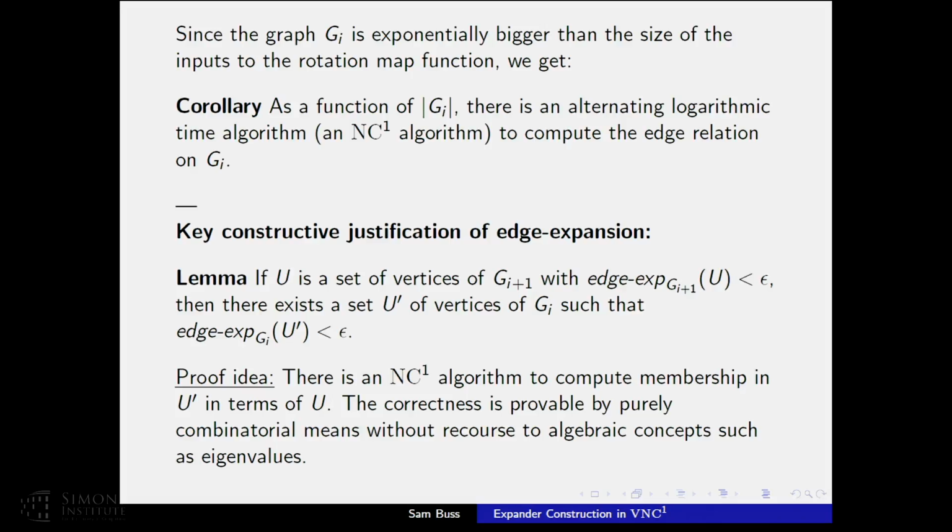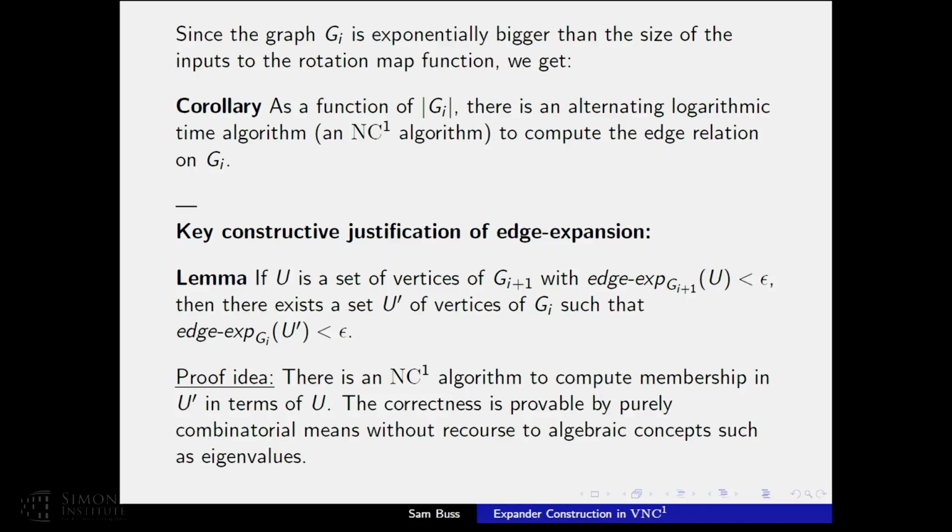And what is the proof of correctness going to be? The proof of correctness is going to have to say that, given any subset U of vertices, there had better be a lot of edges coming out of it. So the way the proof of correctness goes is if I have a subset U of vertices for G sub i plus 1 that does not have enough edges coming out of it, then I can build a subset U prime for G sub i that doesn't have enough edges coming out.